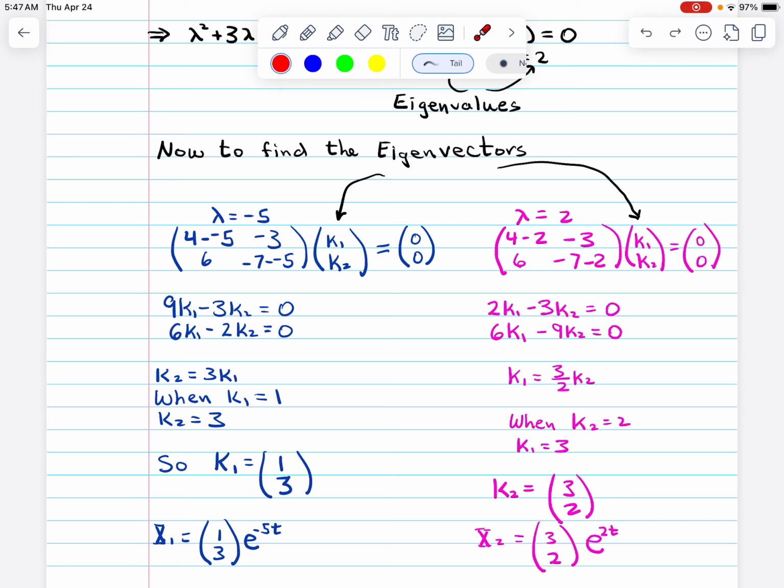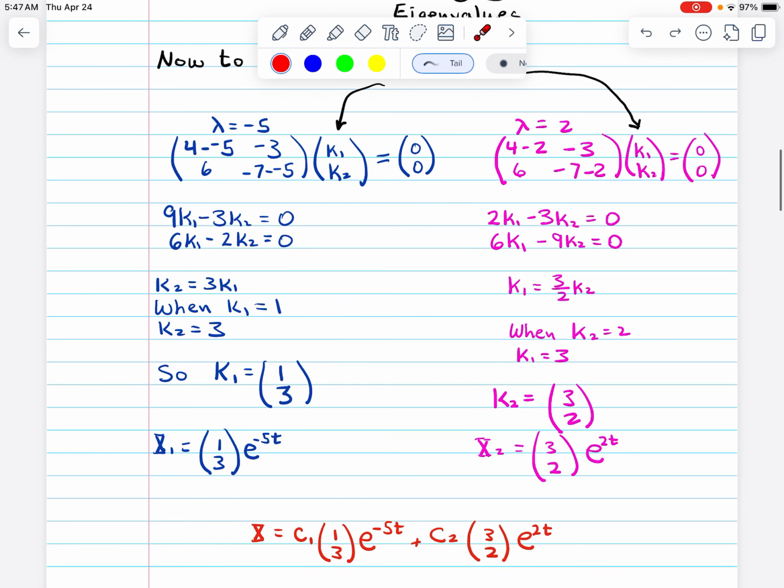Now I can just pick any value I want for K1. And for simplicity's sake, only for simplicity's sake, I'll just let K1 be 1. Now, if K1 is 1, then K2 is 3, and I get this, my first eigenvector. K1 is 1, and K2 is 3.